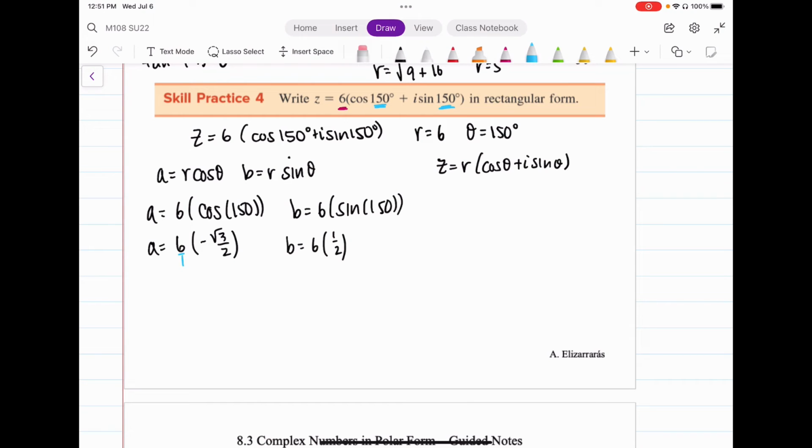Simplifying, 2 goes into 2 once and 6 three times, so I can write a as -3√3, and b is equal to 6 over 1 times 1/2, which is 3. So z equals -3√3 plus 3i, because z equals a plus bi.